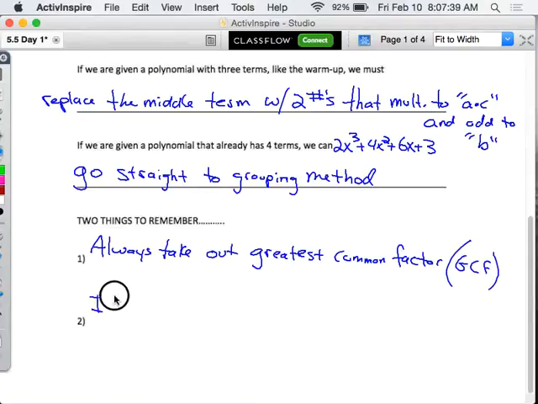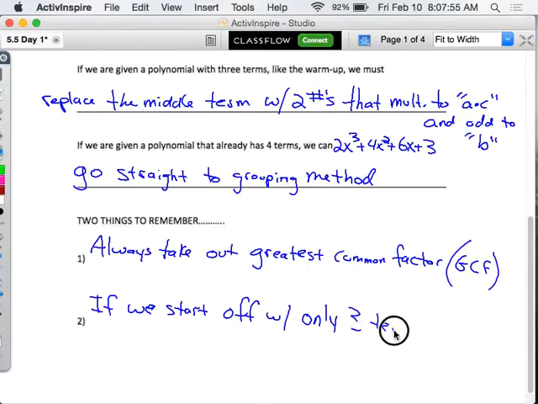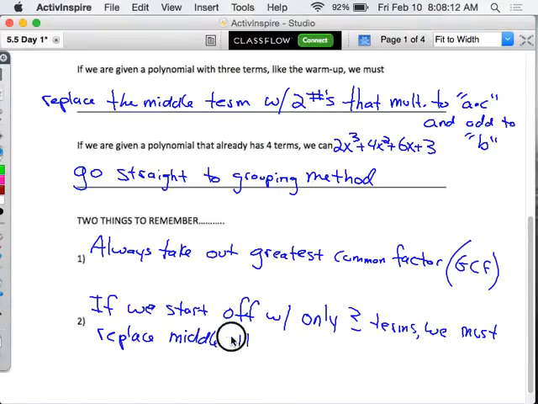So, if we start off with only three terms, we must replace the middle number with two terms, so we have four terms.